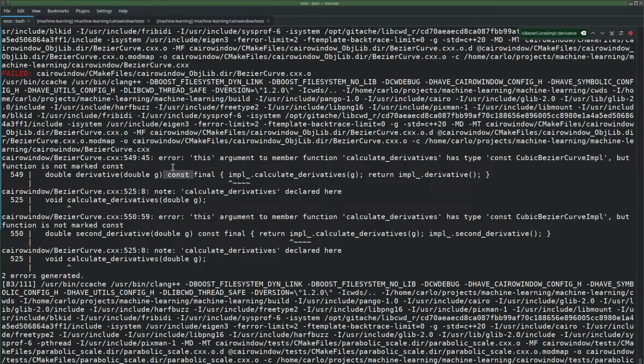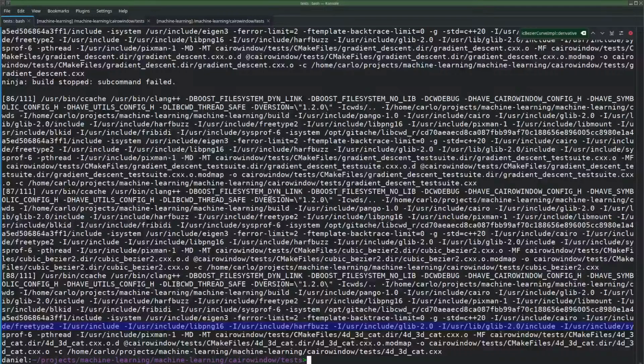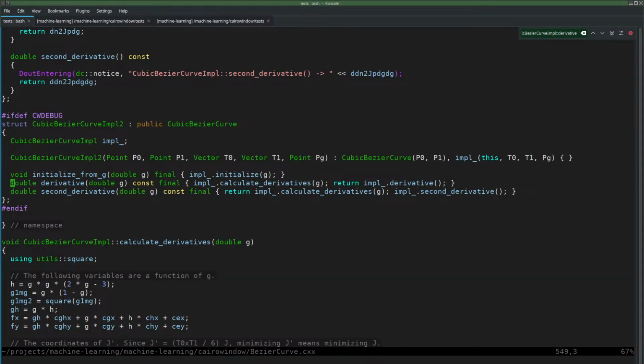It's no longer constant, unless I make all these things mutable. Let's not do that. Or I can have the virtual function as successor and then a single function to calculate the derivatives.